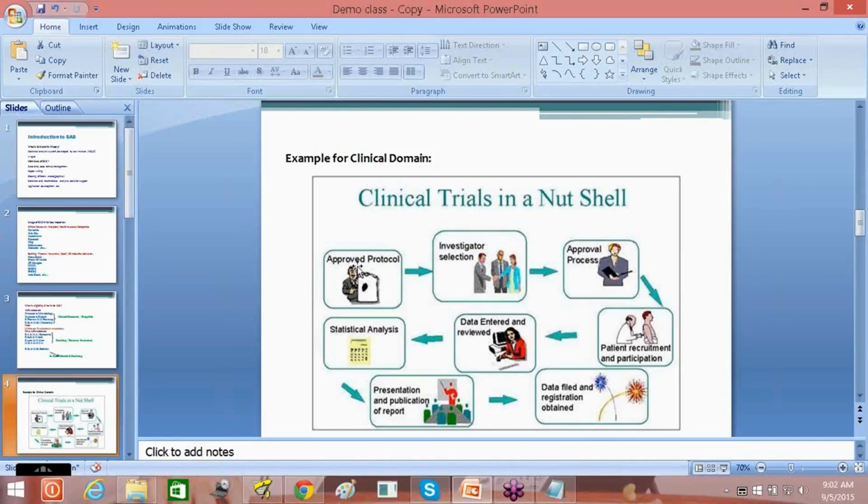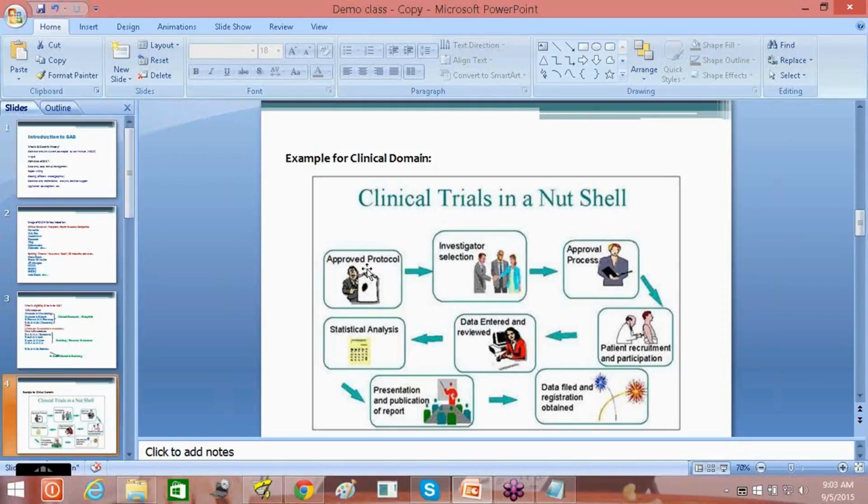Once you prepare the protocol, you have to send it to review boards. There are two bodies. One is IEC, Institutional Ethics Committee, and you have to get approval from these two organizations.